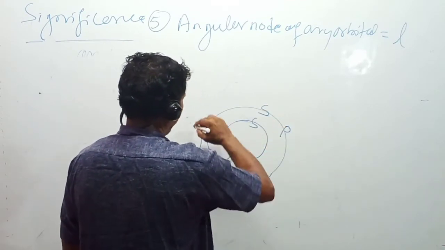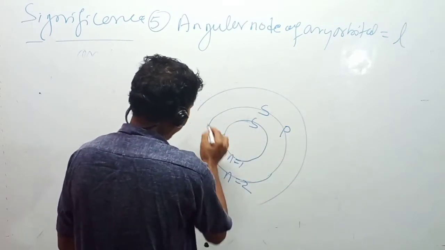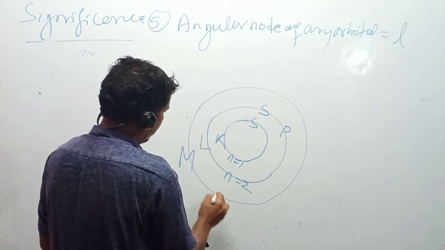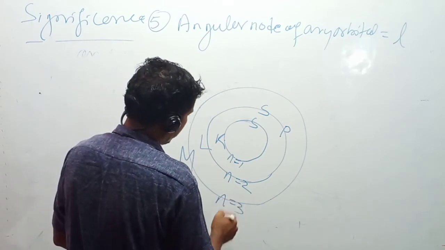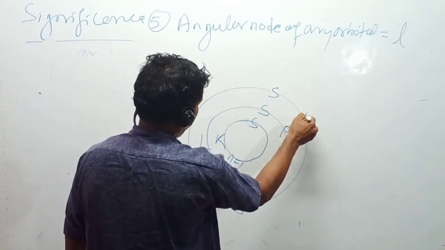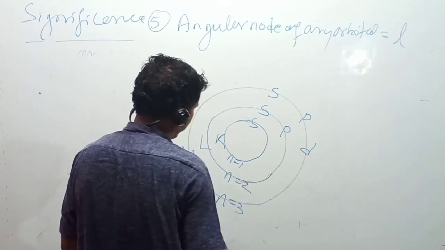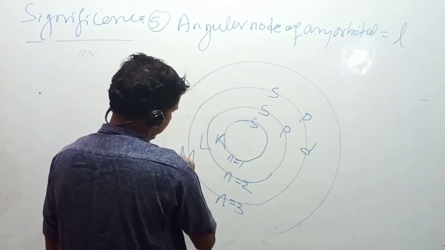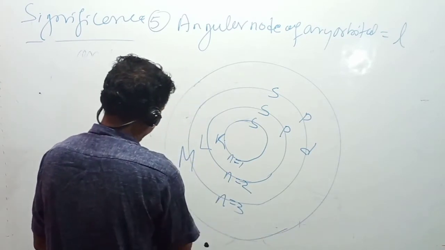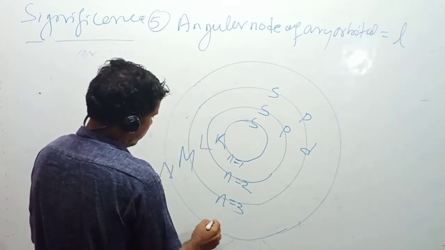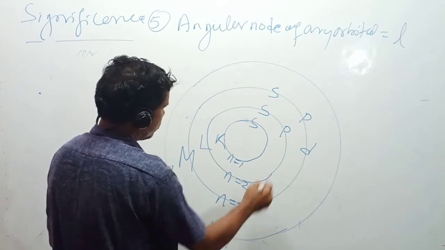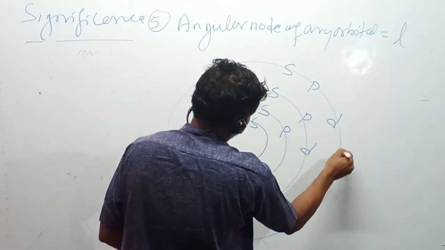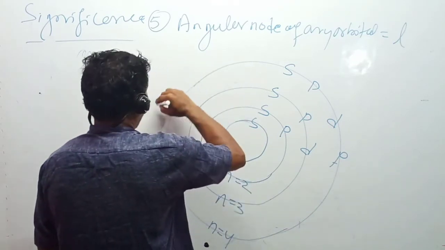For M shell, n equal to 3, subshells will be 3, that is s, p and d. For N shell, n equal to 4, subshells will be 4, that is s, p, d and f.